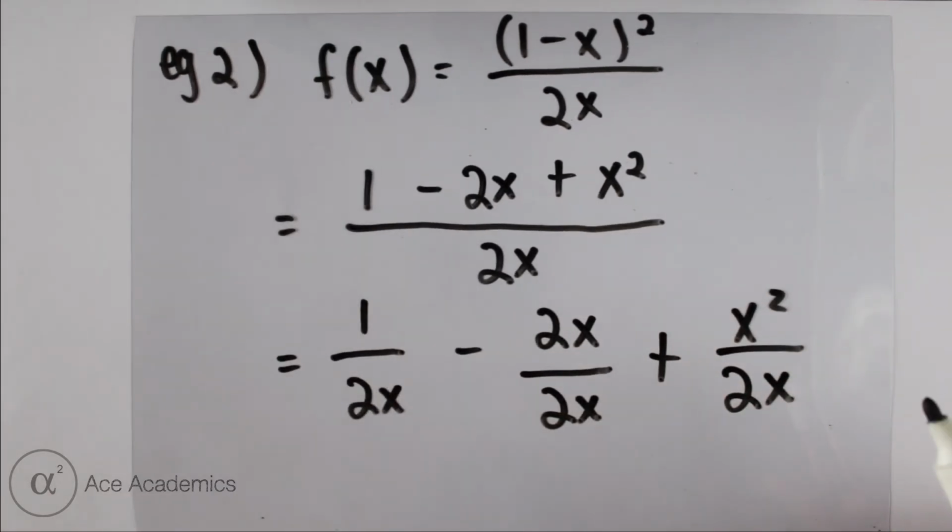I must also remember that I do not want any x's in the denominator. So whichever x's are in the denominator, I'm going to bring it up to the numerator, but I can do that only if I change the sign of my exponent.